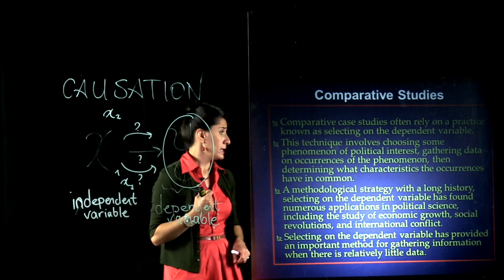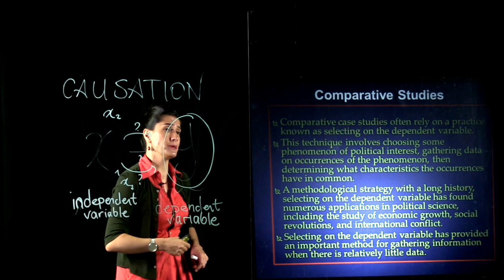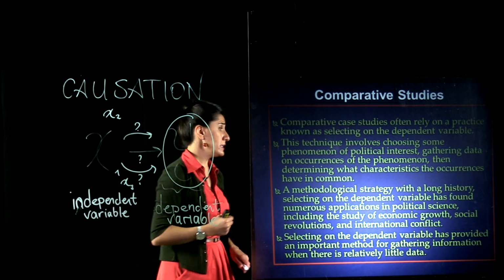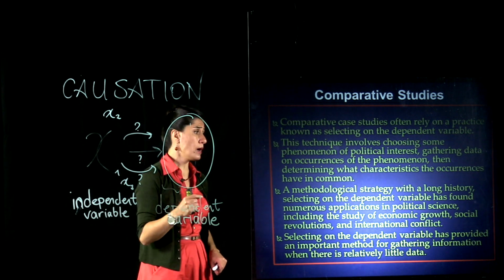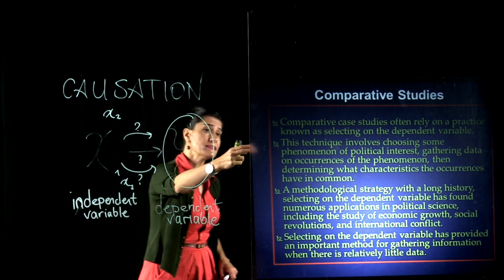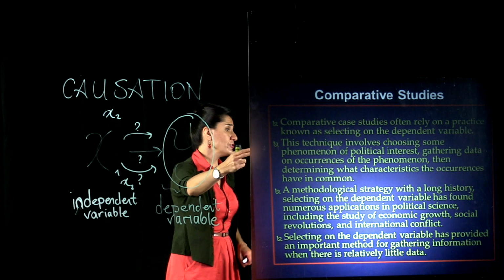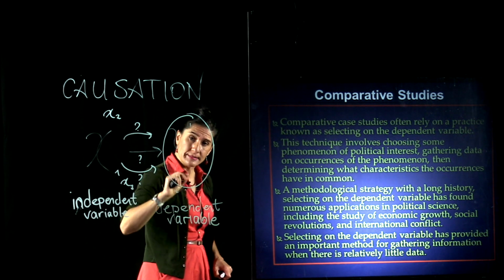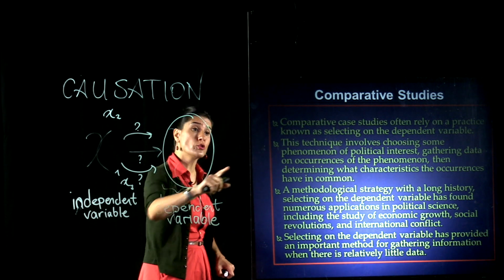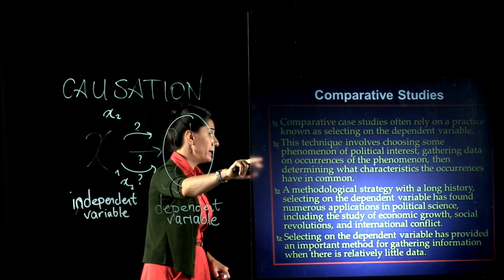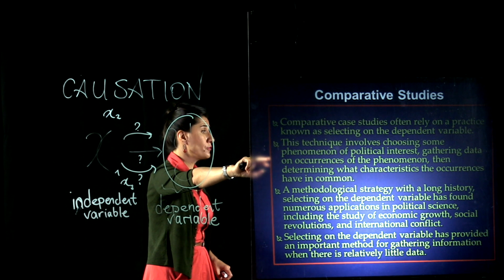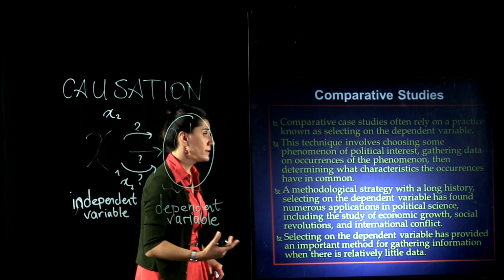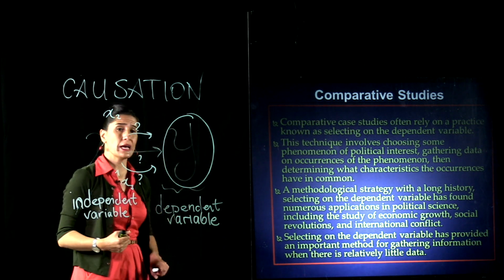As in the examples I have given, this technique involves choosing some phenomenon of political interest, gathering data on its occurrence, and then determining what characteristics the occurrences have in common.